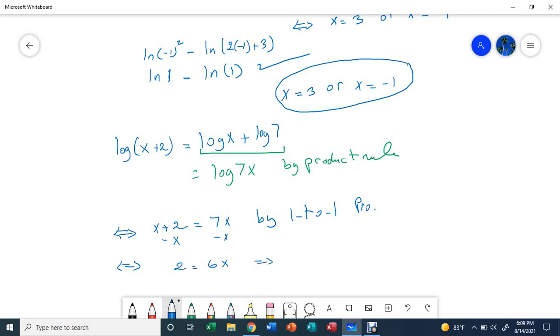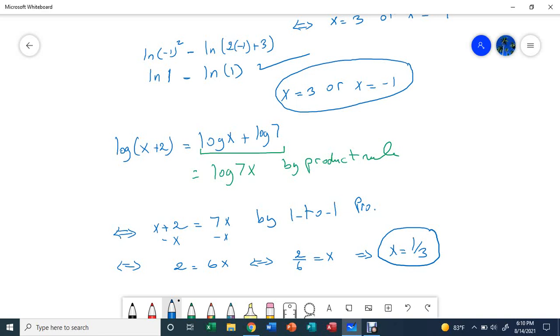Now dividing both sides by 6, I get 2 over 6 equals x, or x equals 1/3. So 1/3 is positive, and 1/3 plus 2 gives a positive number. Log of 1/3, so 1/3 is positive, so no problem.